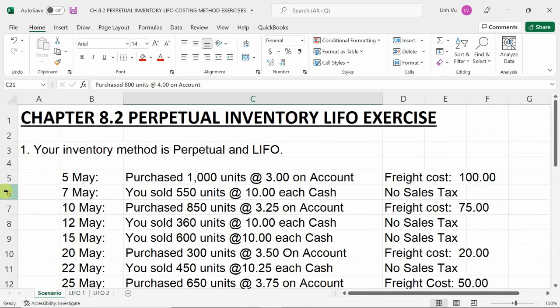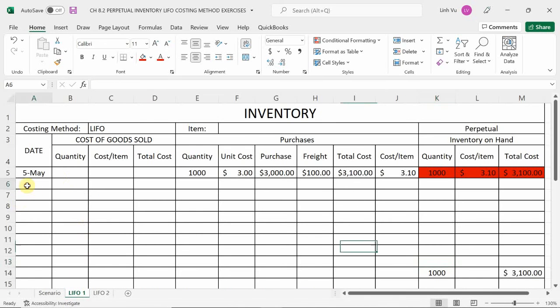Here on May 7, we end up selling 550 units at $10 each, cash with no sales tax. Okay? So we sold 550 units.